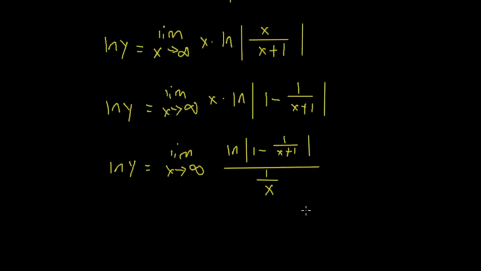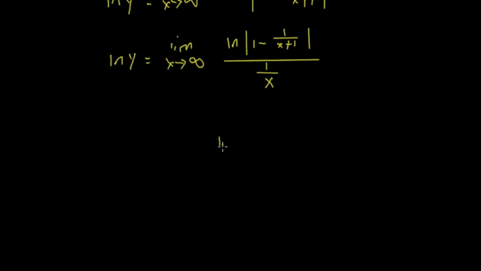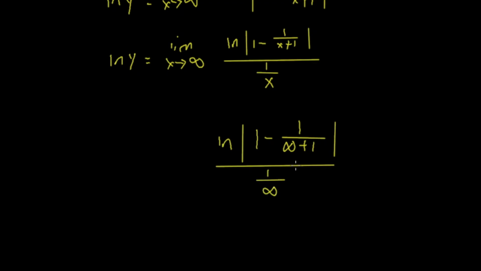So it's the same as this, because dividing by a fraction is multiplying by the inverse of the fraction. Okay, now if you put infinity into x here, you get this. Okay, let's do it like this. ln of 1 minus 1 over, now, infinity plus 1, divided by 1 over infinity.